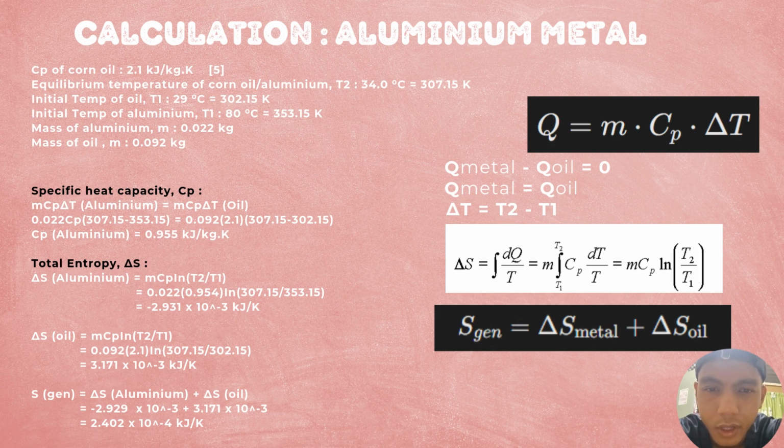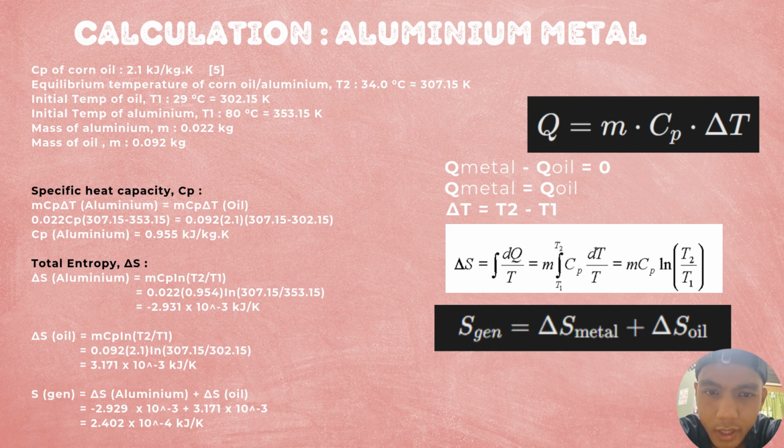For the total entropy delta S, also using the same formula and same method, we can find the delta S for aluminum is negative 2.931 times 10 power of negative 3 kilojoule over Kelvin.